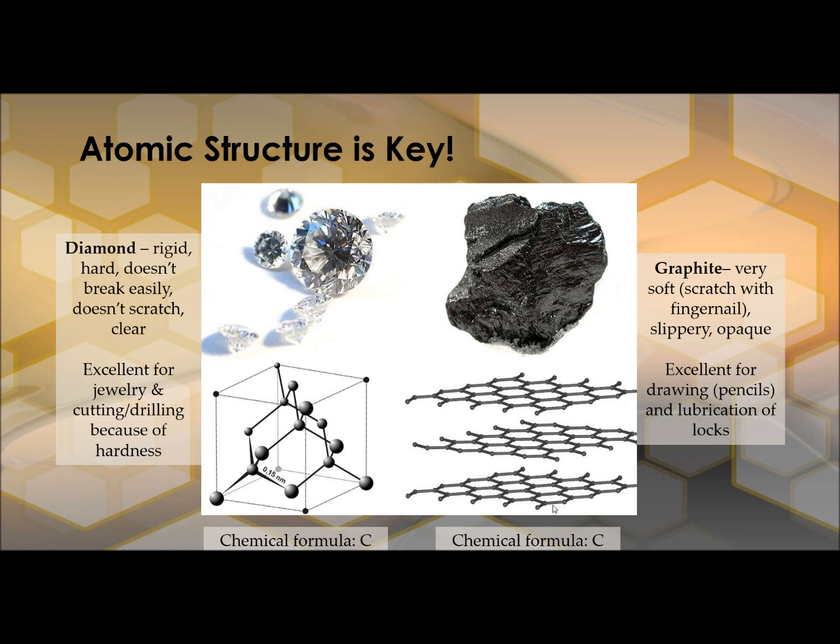That's what makes it so slippery, and that's also what makes it easy to scratch, because one sheet, just like if you've ever accidentally knocked over a sheet of papers, they move pretty freely on each other, whereas this on the left does not move. So the atomic structure of the mineral is very important for making it unique.